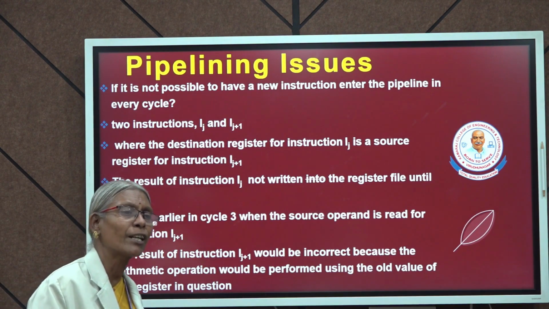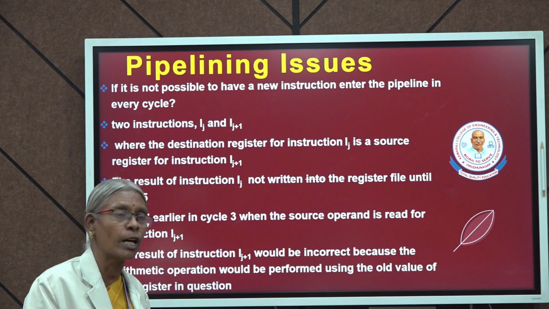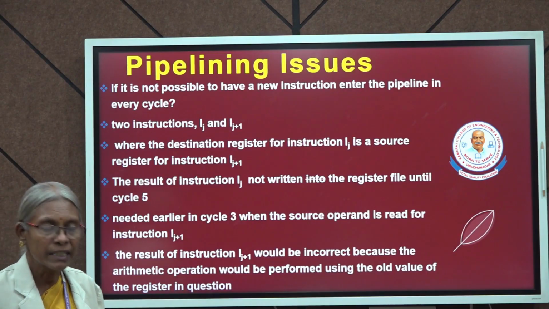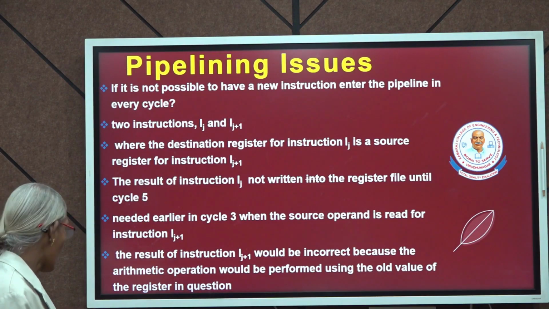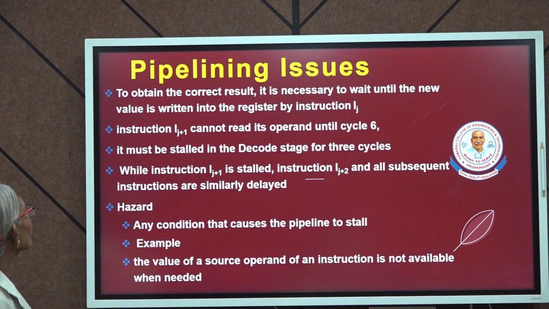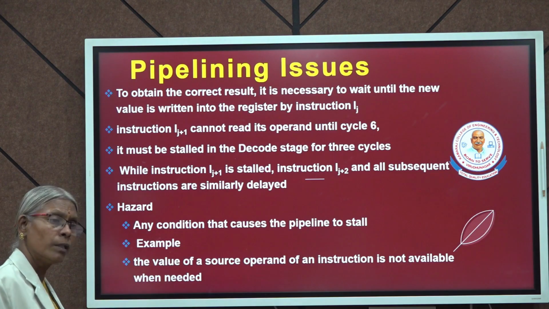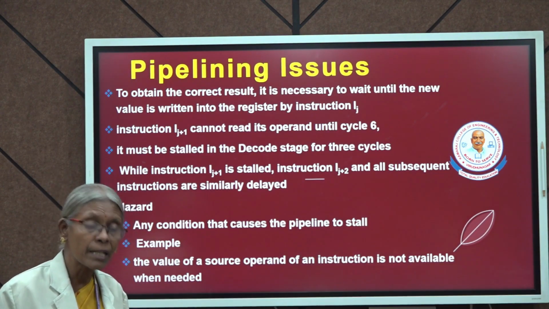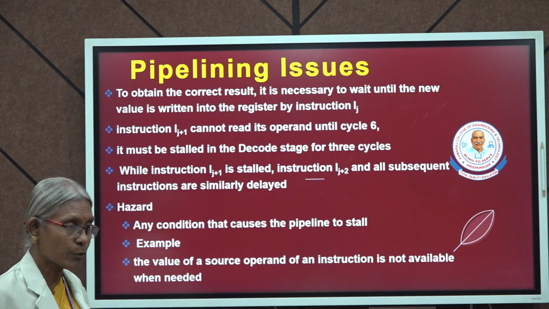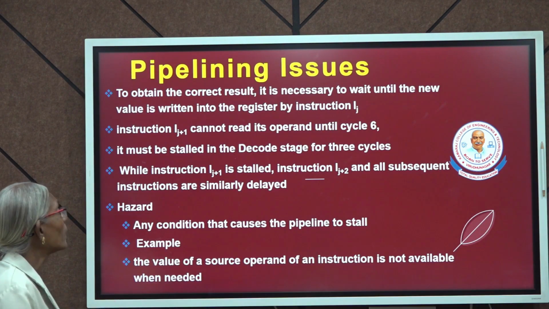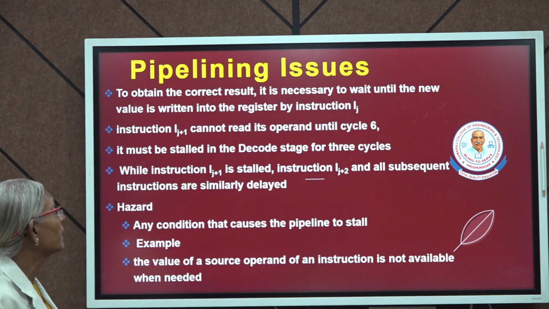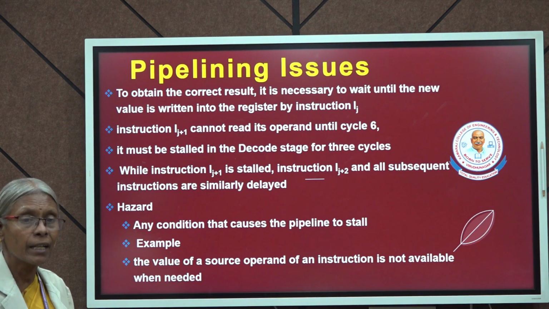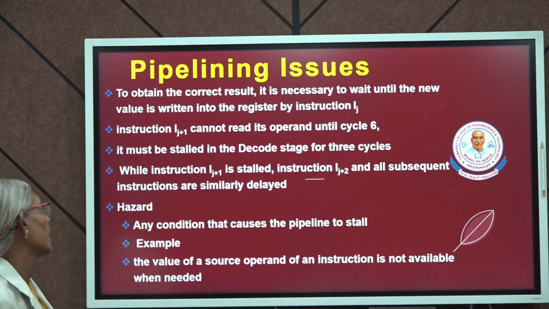It may use the wrong value, some garbage value in the register, which leads to an incorrect result. If instruction Ij+1 is to use the correct value, then it has to wait. It cannot read the operand till cycle 6. So here it must be stalled in the decode stage for 3 cycles.